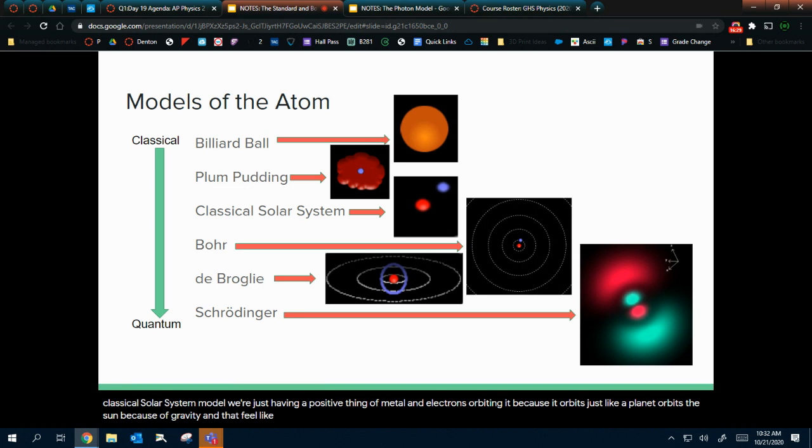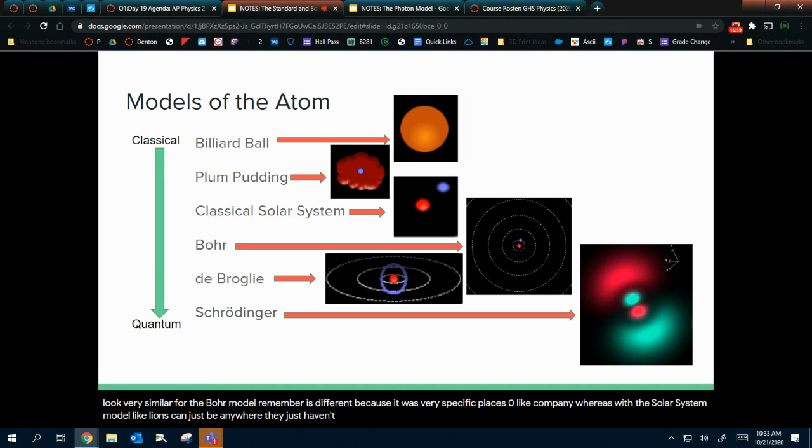I feel like that's where most people's thoughts stop. Personally, I was introduced to the Bohr model in chemistry, but my thoughts never actually got past the solar system model. Now the Bohr model is different than the solar system model. They look very similar, but the Bohr model has very specific places that your electron could be, whereas with the solar system model, planets can just be anywhere.